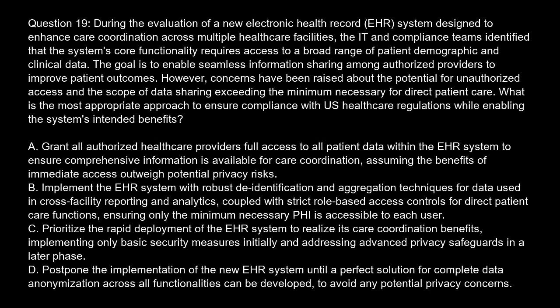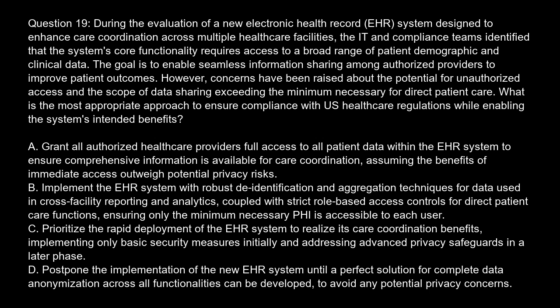Option A. Grant all authorized healthcare providers full access to all patient data within the EHR system to ensure comprehensive information is available for care coordination, assuming the benefits of immediate access outweigh potential privacy risks. Option B. Implement the EHR system with robust de-identification and aggregation techniques for data used in cross-facility reporting and analytics, coupled with strict role-based access controls for direct patient care functions, ensuring only the minimum necessary PHI is accessible to each user.